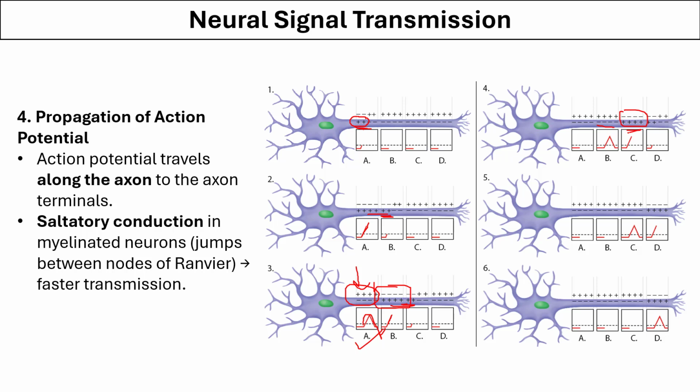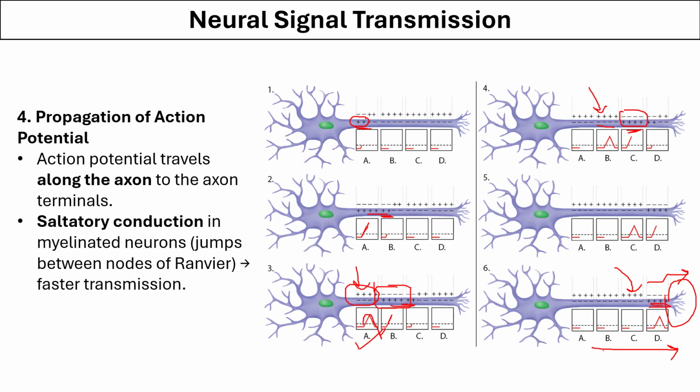Now it became positive here, this got back to original, then this became positive here, and this got back to original. So slowly we are progressing the positive charge along the length of the axon. But why are we doing this? So we are taking this positive charge down the axon, and it has to reach the axon terminal.